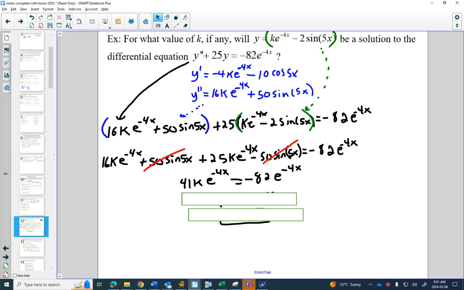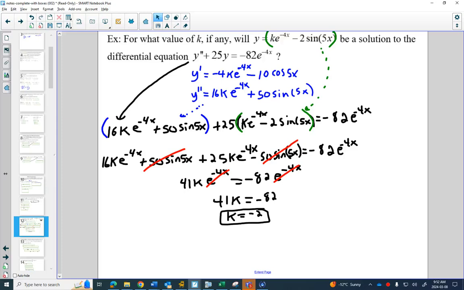And from here, it is not hard to get k by itself. You can divide both sides by the e to the negative 4x. 41k equals negative 82. And k would just equal negative 2.